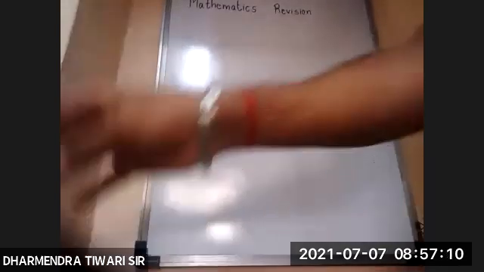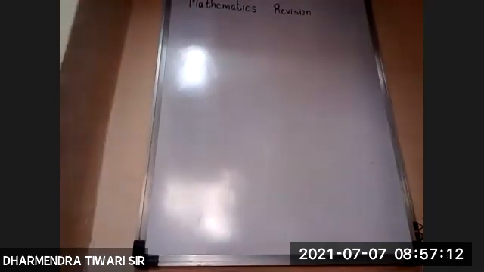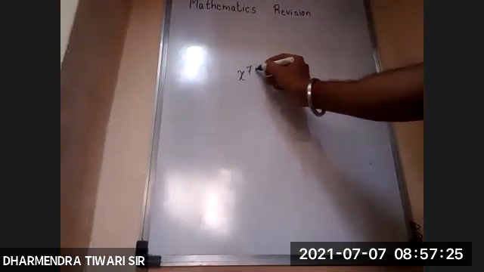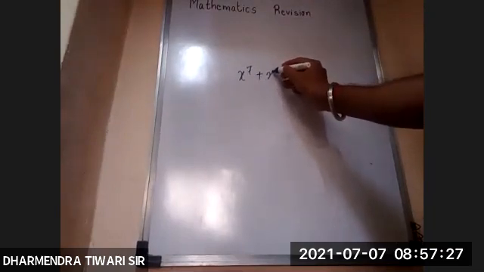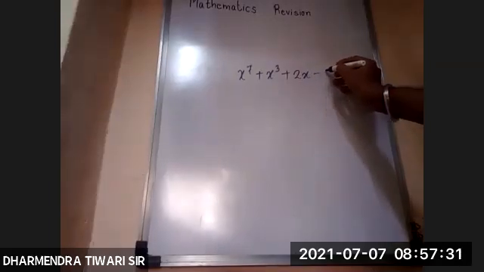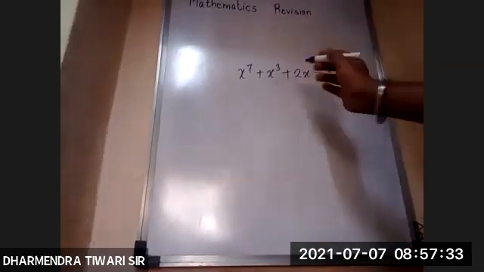So now, by polynomial, we know that if the index of each of an algebraic expression in one variable is a whole number, then the expression is a polynomial. Example, x raised to 7 plus x raised to 3 plus 2x minus 3. So it is a polynomial. Why?